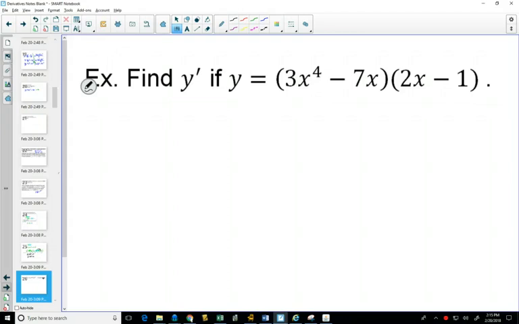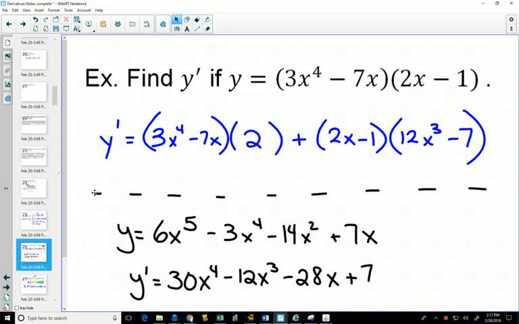So try this one. Try it in both ways. Try multiplying it out and try using the product rule and simplifying it. So you can check if you use the product rule, the answer there is in blue, and that's not simplified.